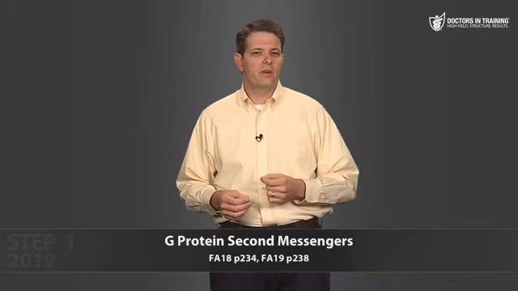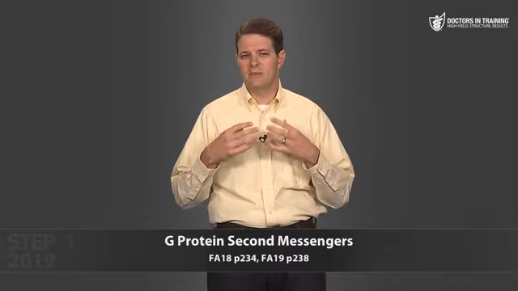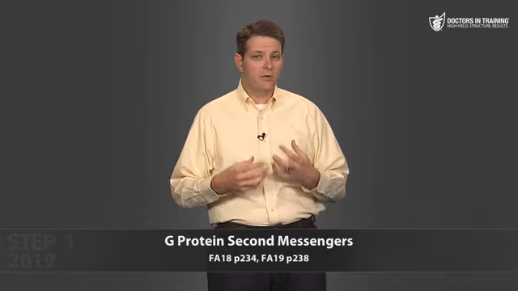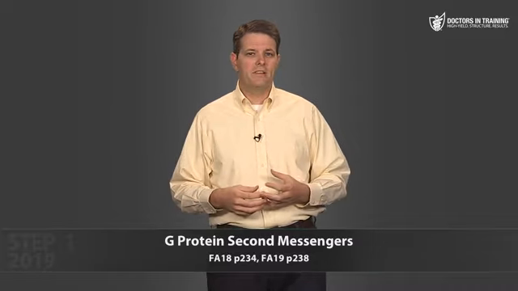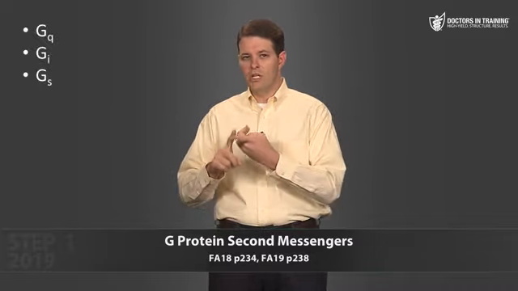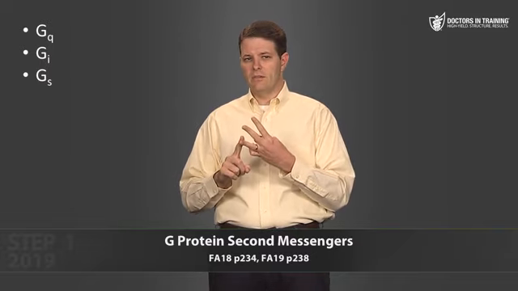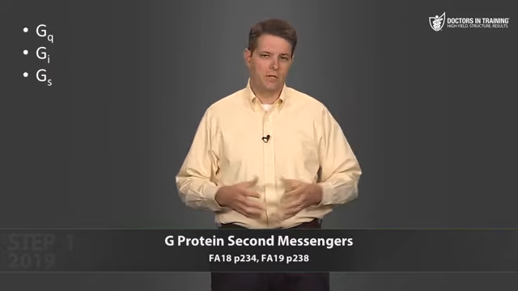Each of these neurotransmitters and signaling chemicals activates a specific type of receptor, and each receptor is in turn utilizing a specific type of G protein. And the G proteins come in three distinct flavors: GQ, GI, and GS. So, what does a GQ protein do?